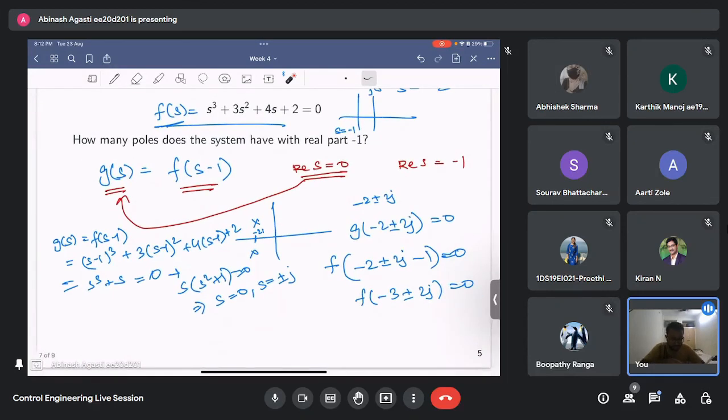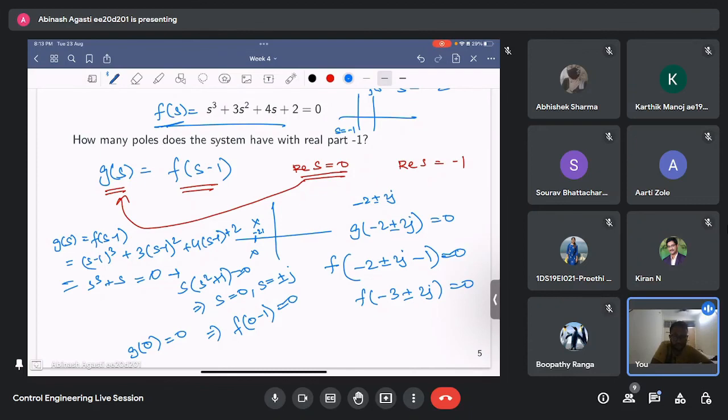But what that means for the original polynomial is, g of 0 is equal to 0. Since s equal to 0 is a root of g of s, that means g of 0 equal to 0. But what this means is f of 0 minus 1 equal to 0.